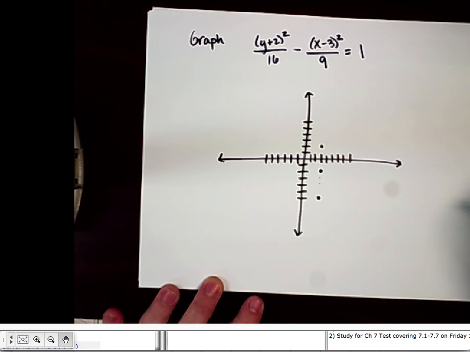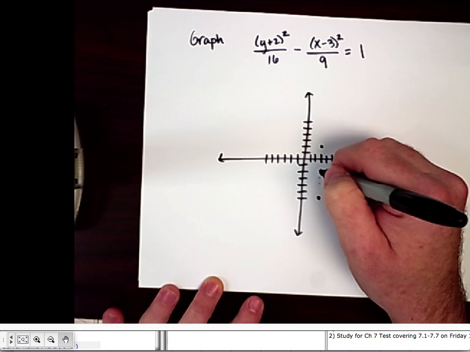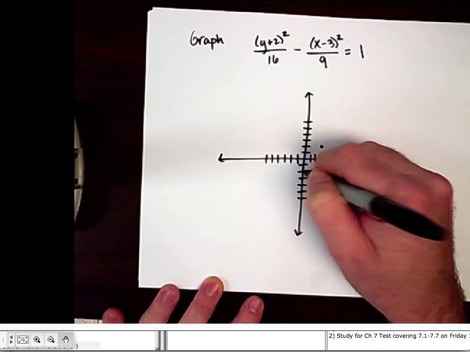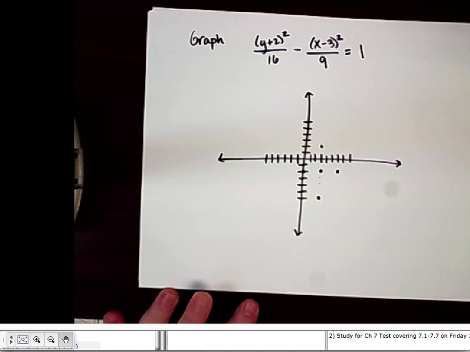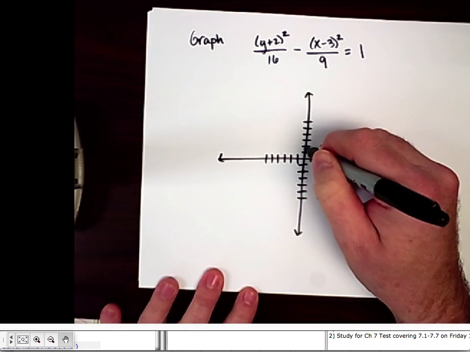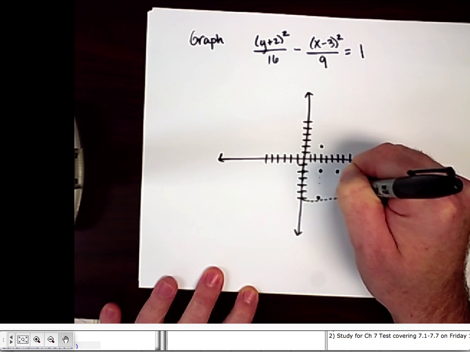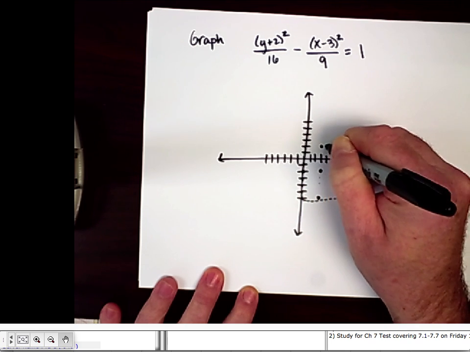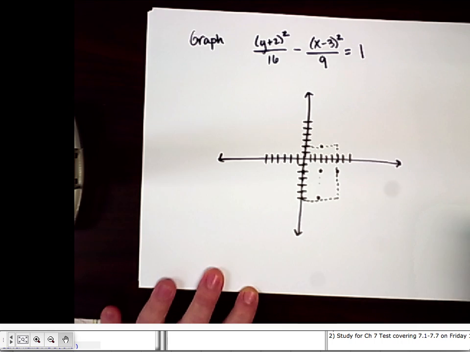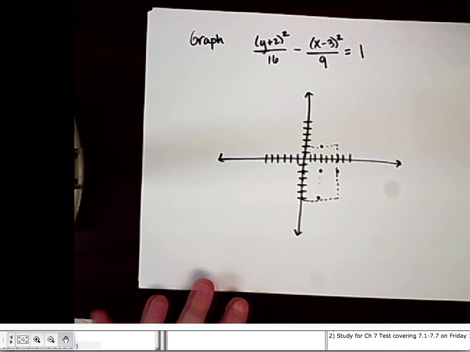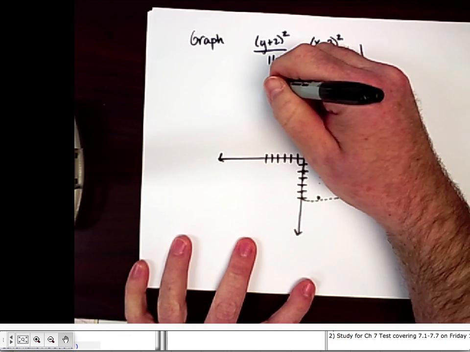You go left and right 3. So 3, 3. Okay. Then instead of drawing an ellipse, you draw a dotted rectangle.